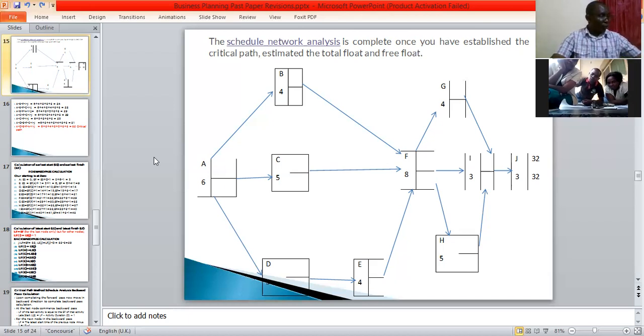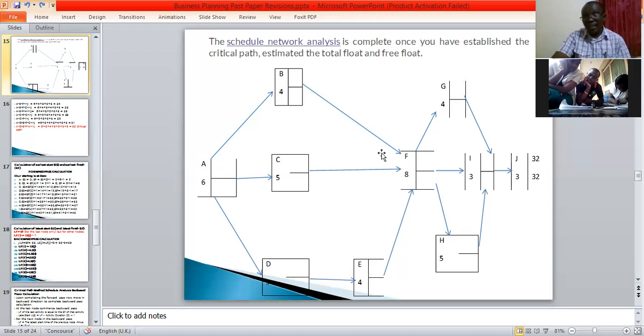Now, if you have this paper, there's a person that wanted you to identify the critical path. In project management, a critical path is the longest route that you are able to take. So you are supposed to calculate from A to B, how many months or days do you need?